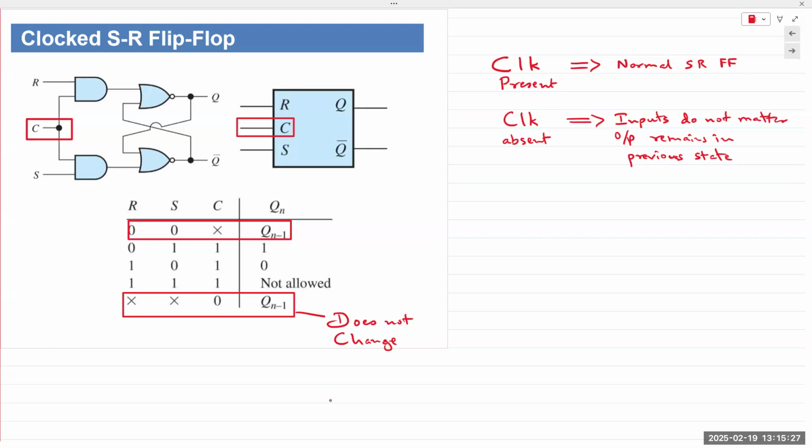In addition, if R and S are both 0, then the clock does not matter.